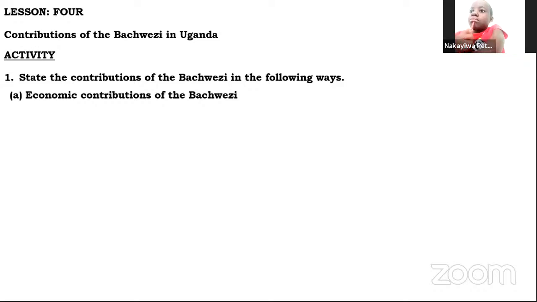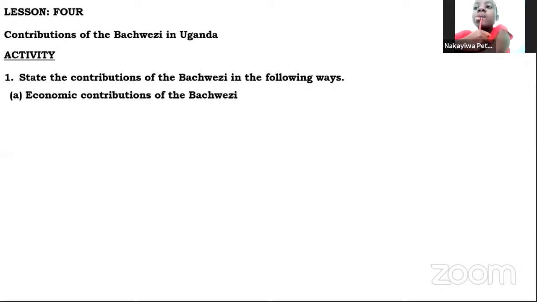Nakaiwa Petronella, give us another one, apart from the longhorn cattle. Iron smelting. Nakaiwa, I don't get you. They introduced iron smelting. Nakaiwa, are you still with us? Yes. Correct.